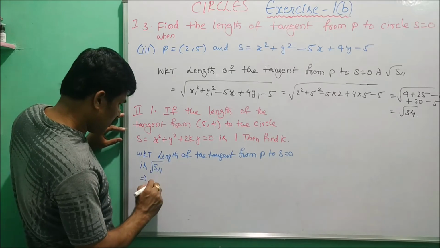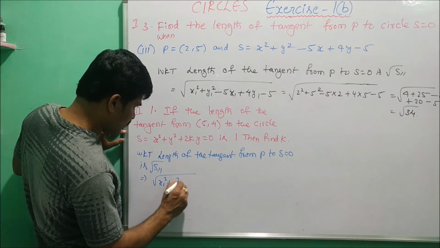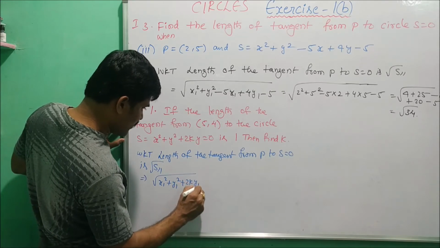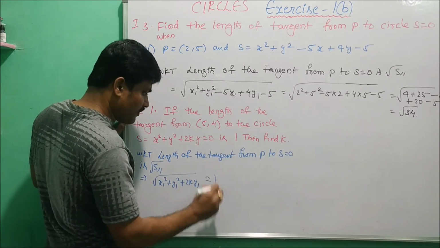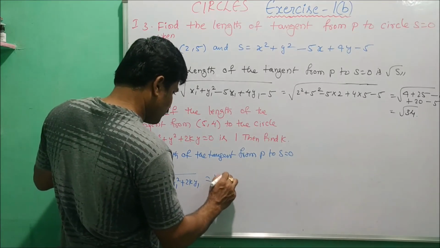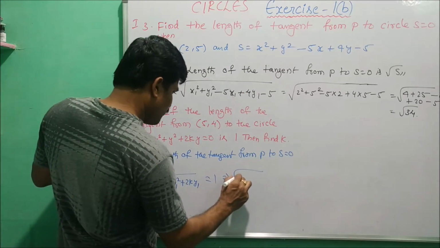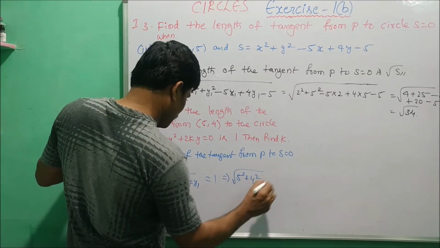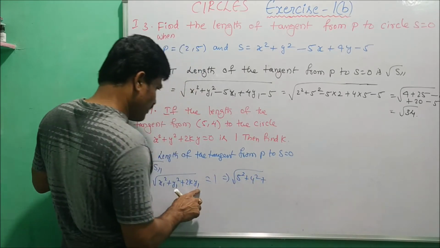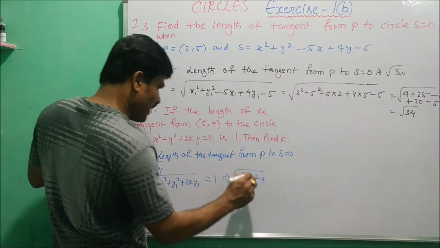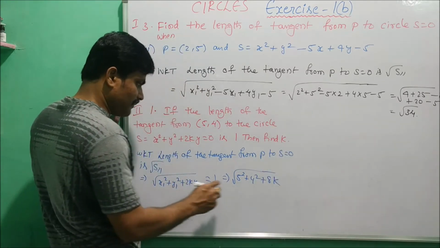So in that, square root of x1 square plus y1 square plus 2k y1, and the length of the tangent is already given, so equating that value, it equals 1. Now substitute the point 5, 4: 5 square plus 4 square plus 2k into y1. The y1 value is 4, 2 fours are 8, so 8k, equals 1.